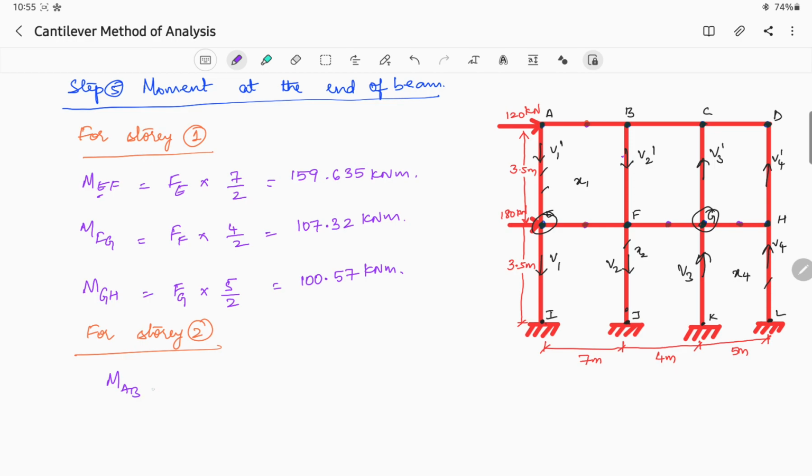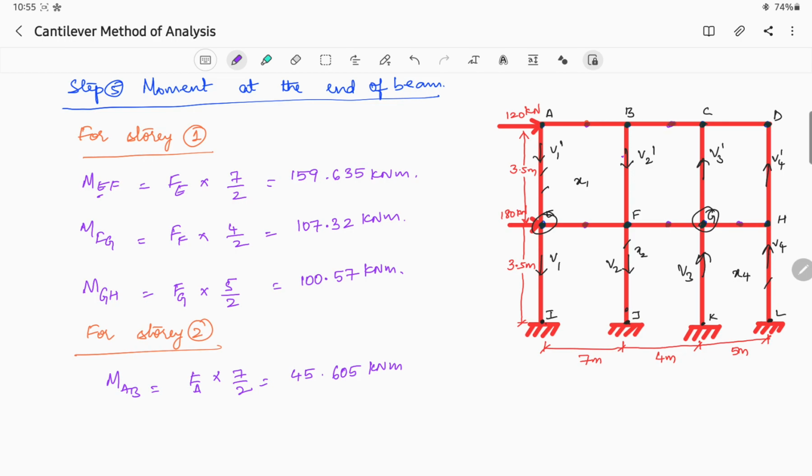Moment in member AB will be equal to shear force in A, and the span of AB is 7, so into 7 by 2. So what is the shear force in member AB? Substitute that value, multiply it with 7 by 2. You'll get the value as 45.605 kilonewton meter. Okay, so this is the moment in member AB.